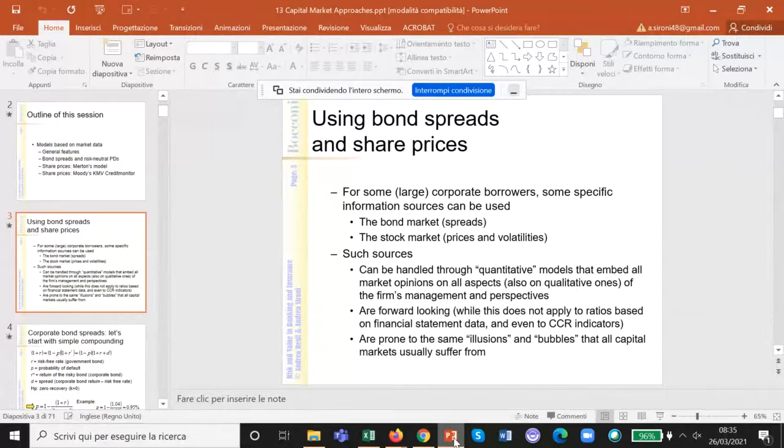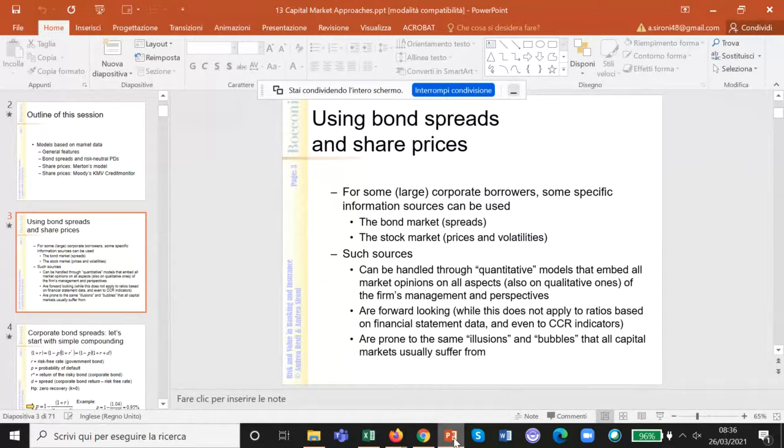So generally speaking, of course, this is a limitation of these kind of models, because they can only be applied for those borrowers that are either listed in a stock market, or have issued bonds which are traded in a liquid market. Okay, and therefore it's clearly not feasible for small companies, for SMEs.